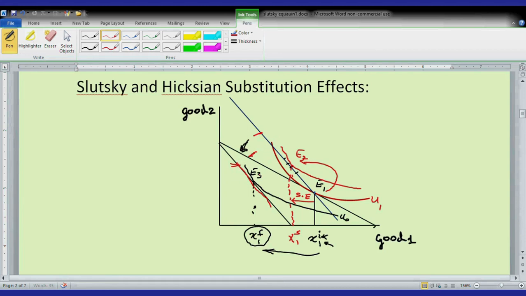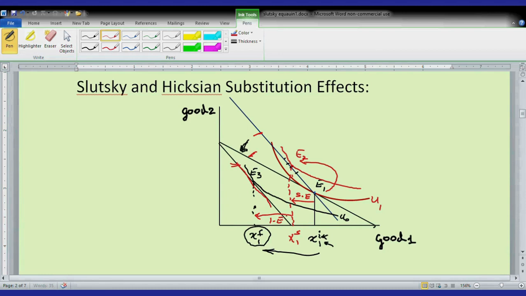So moving from point E2 to point E3 is like moving from a higher income constraint to a lower income constraint. And when this happens, the consumption of x goes down from x1s to x1f. This change has nothing to do with the change in price, because the budget constraint is shifting in a parallel fashion, and so we say that this is only because of the income effect. So this is your income effect.